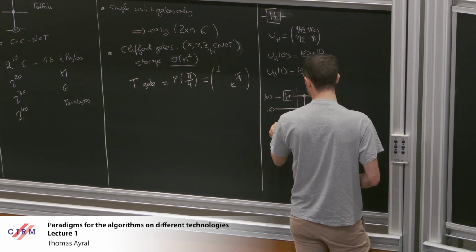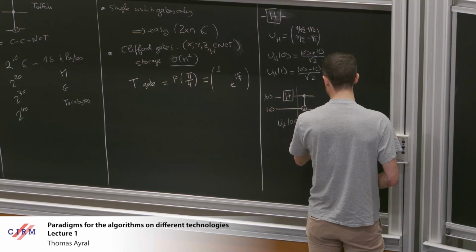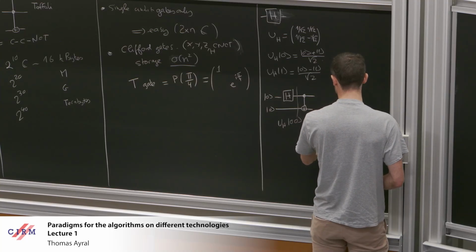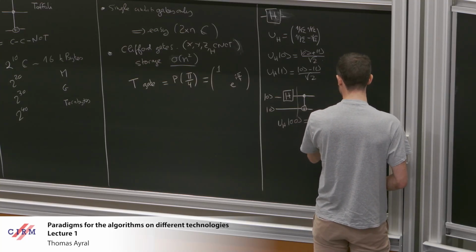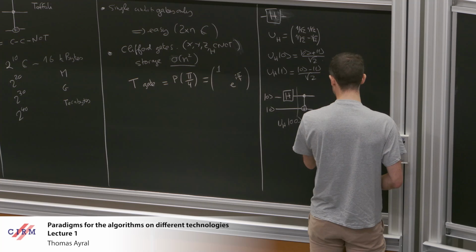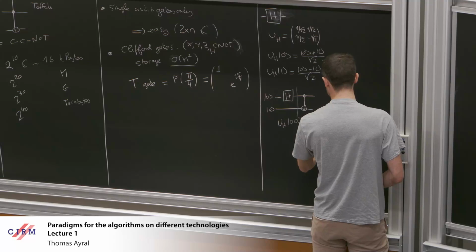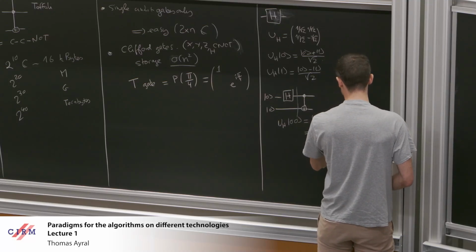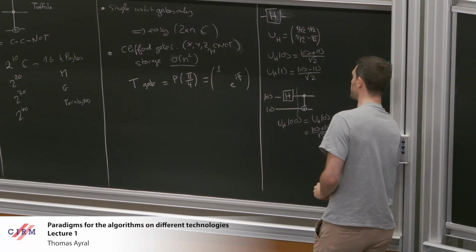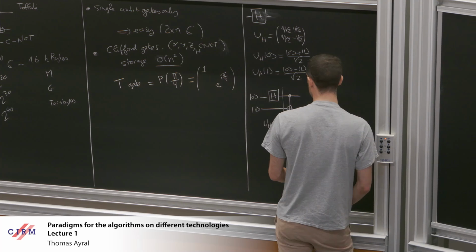So let's look at what I do if I apply UH to 0, 0. If I decompose carefully, it means I apply UH to the first state 0, tensor 0. I leave the other one alone. So I get 0 plus 1 over square root 2 times 0. So that's the first step. After the first gate, that's the state I get.